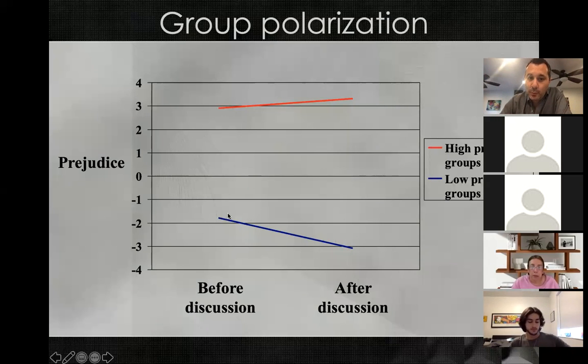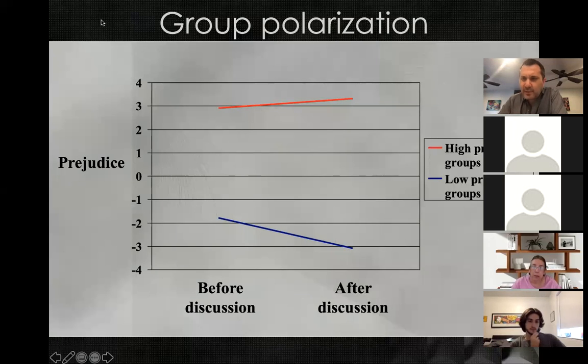And if you take the low prejudice people who are already leaning away from prejudice, and have them discuss the issue of desegregating busing, and you then reanalyze their opinions, you find they become even less prejudiced after group discussion. This is why it's called group polarization, because people's attitudes are becoming more and more polarized as you discuss an issue more and more.